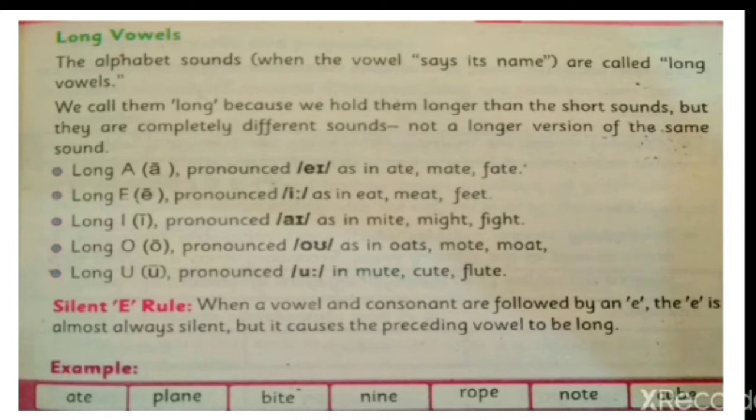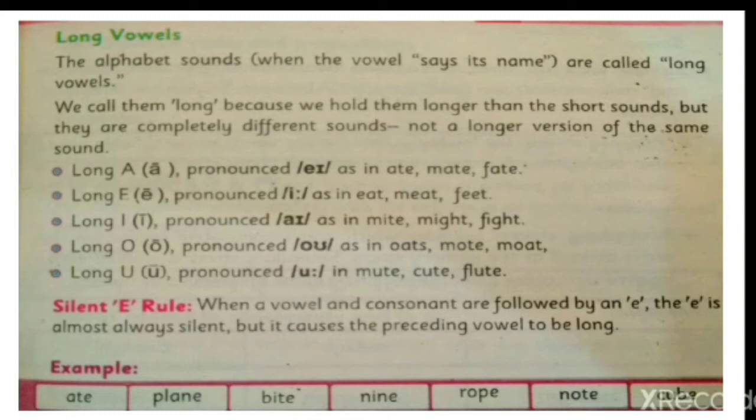Fine. Then we have the silent E rule. In the silent E rule, when a vowel and consonant are followed by an e, the e is almost always silent, but it causes the preceding vowel to be long. Now what does preceding mean? Preceding means that occurs earlier.